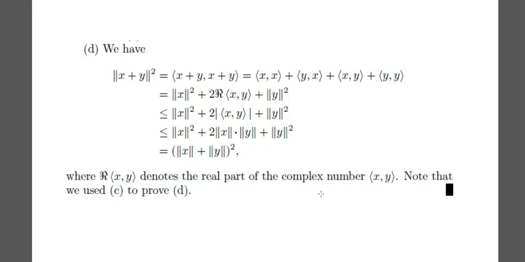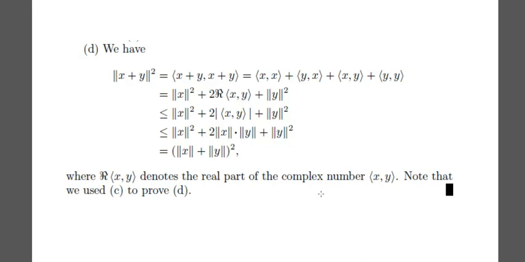Next, for the triangular inequality, consider norm of x plus y whole squared. This is equal to inner product of x plus y, x plus y. Open this inner product, you will get inner product of x, x plus inner product of y, x plus inner product of x, y plus inner product of y, y. So this is equal to norm of x squared plus twice the real part of inner product of x, y plus norm of y squared.